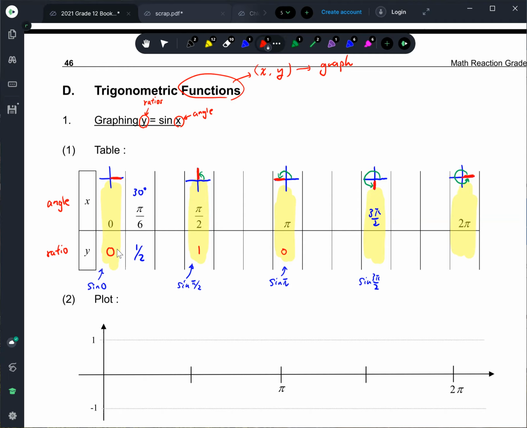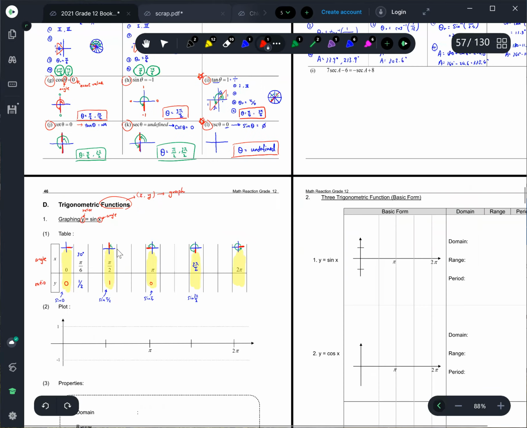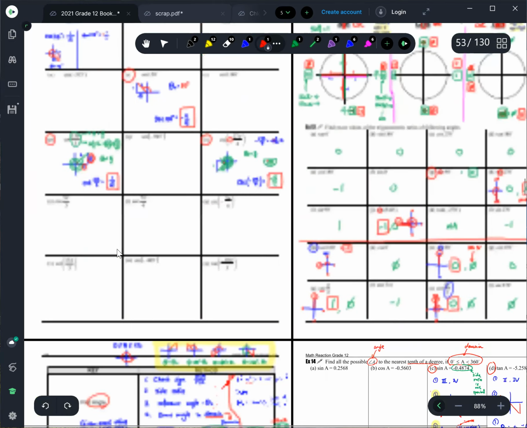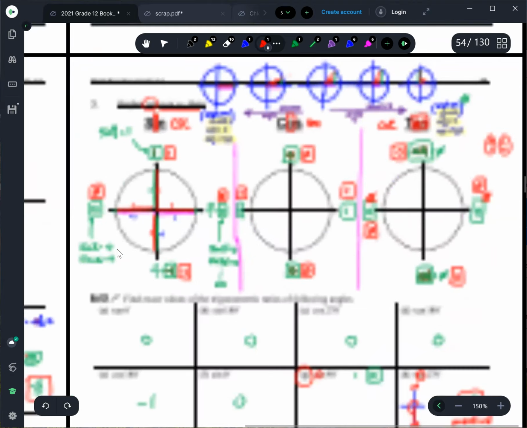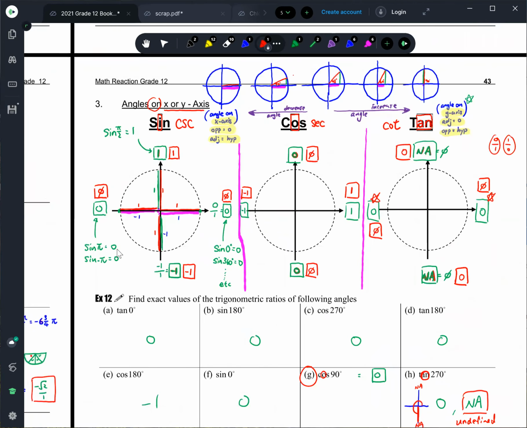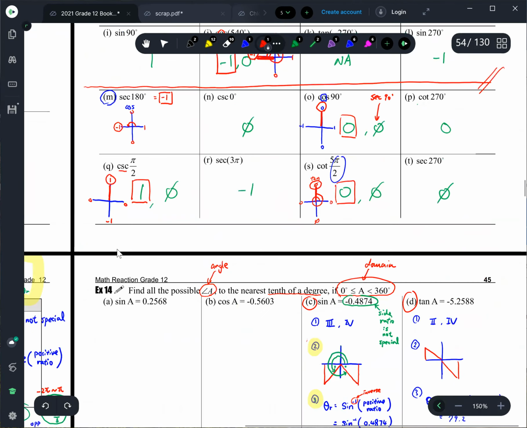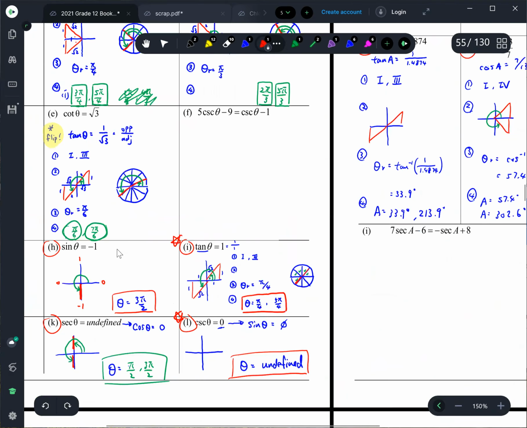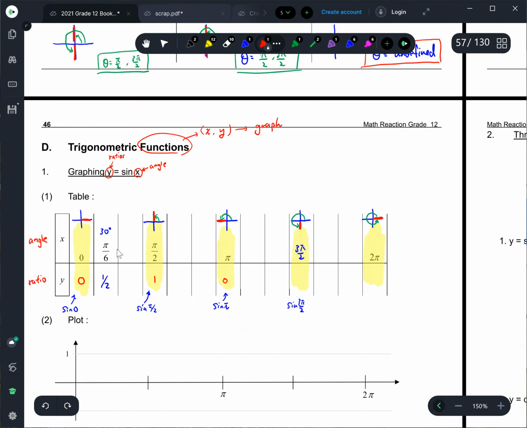Do you know where to find the answer? You look at the 3 circles on page 43. Can you turn to your page 43? Yeah, I'm already on it. So sine of 270 degrees, what's the ratio?